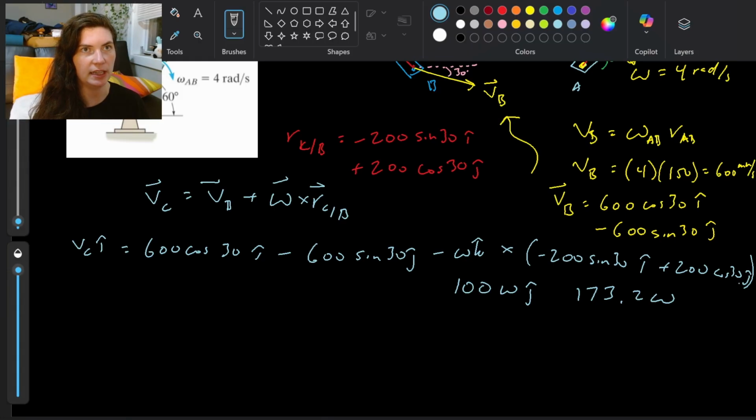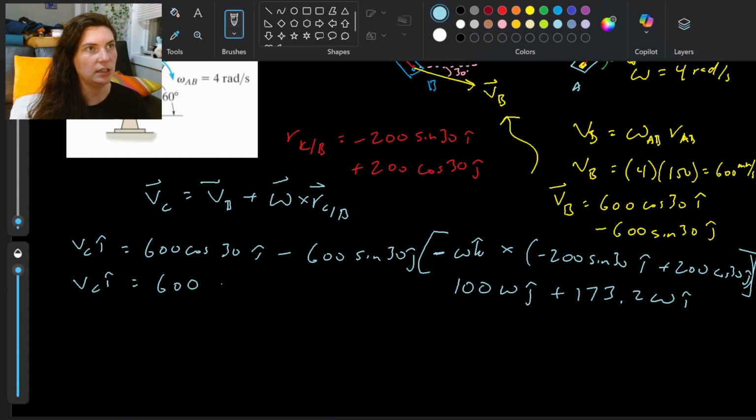K cross j gives me a negative i, but because of this negative out here, that's going to make it a positive i hat. So that was just using my shortcut of k cross i and my shortcut of k cross j to evaluate this portion here. And all the rest of this stays the same.